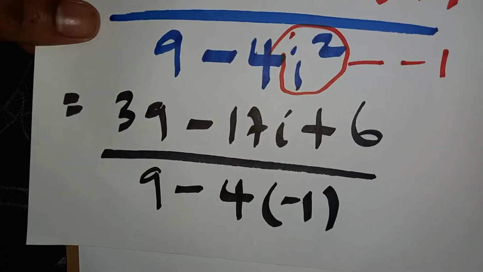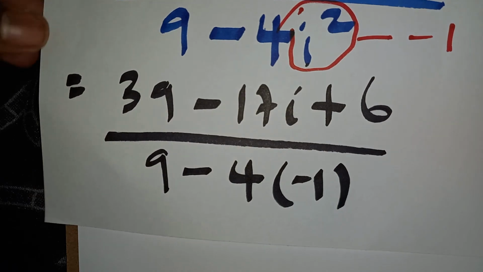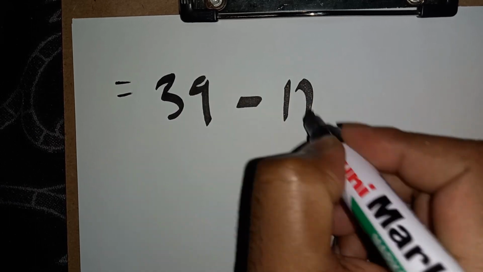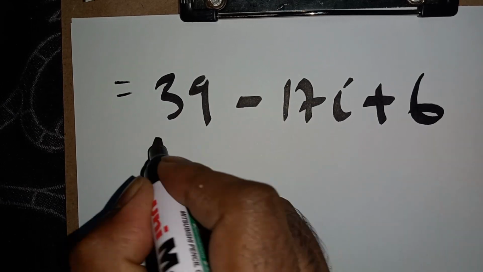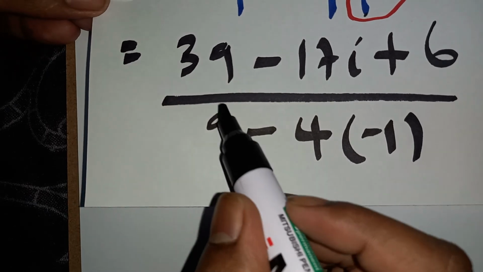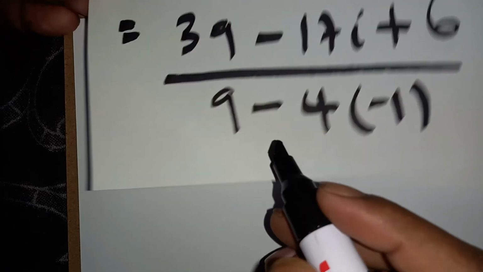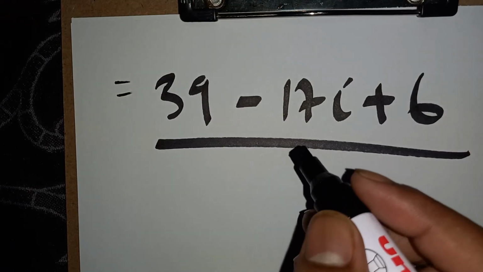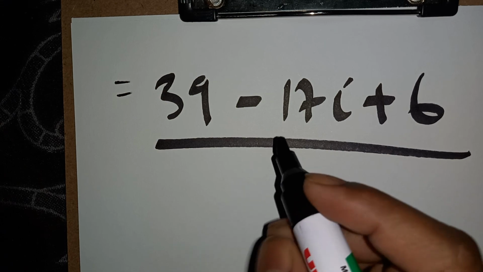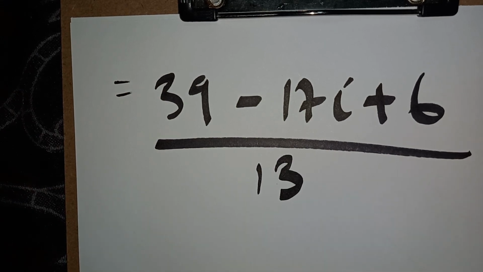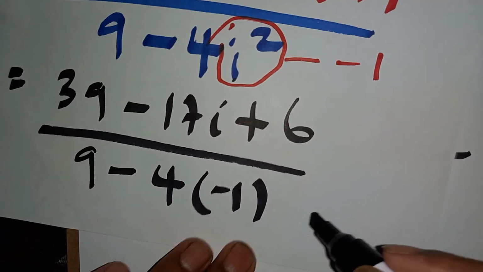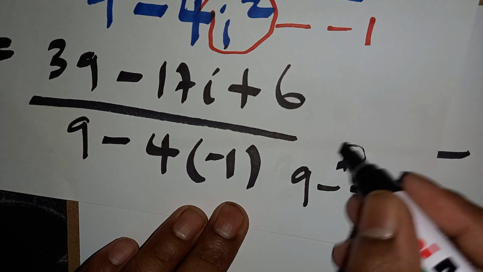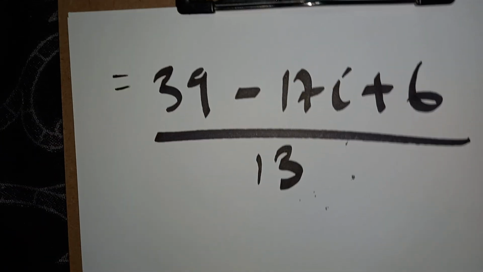You have 39 minus 17i plus 6 over 9 minus 4 times minus 1. That will give me plus 13, so all this will give me 13. Because this is 9 minus minus 4, right? Minus will become plus. Okay, so that is why we have 13 here.